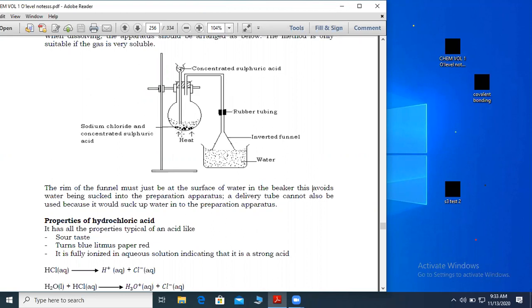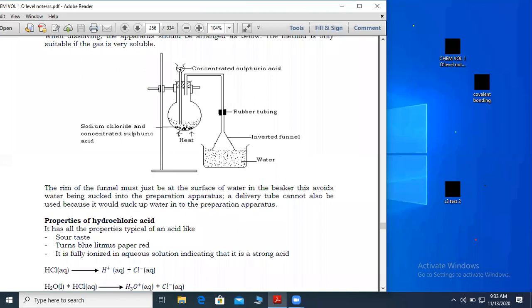Since we are heating, you remember the other part of preparation of ammonia also, I think you remember. Whenever we are heating, we always try to avoid the water from falling back into the preparation flask.